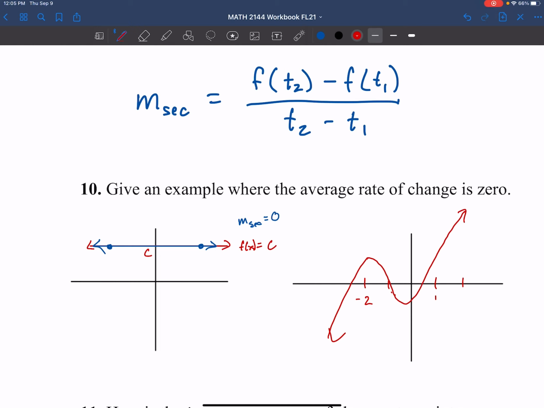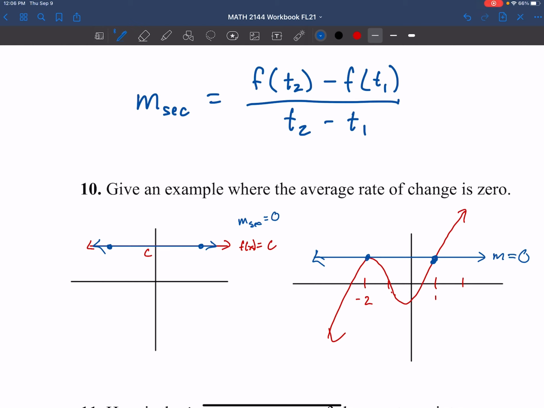What points would you be considering? The -2, and the other point at 1. If you used the interval -2 to 1, look at this secant line. It's a little bit off because drawing is not my expertise, but the slope m here is 0.